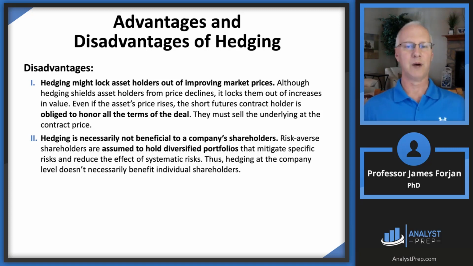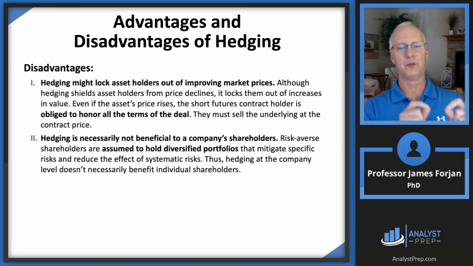We know that bondholders and shareholders are never going to pay executives high salaries to do something that the bondholders and the shareholders can do on their own. So investors can hedge themselves, so they might not need the firm to do some hedging. Notice what I have there in the second point. Risk-averse shareholders are assumed to hold diversified portfolios. That mitigates those specific risks.